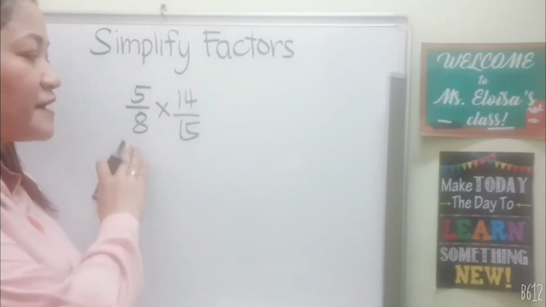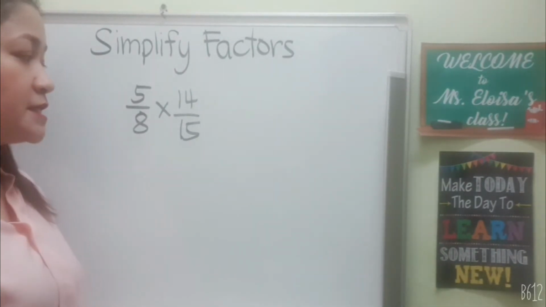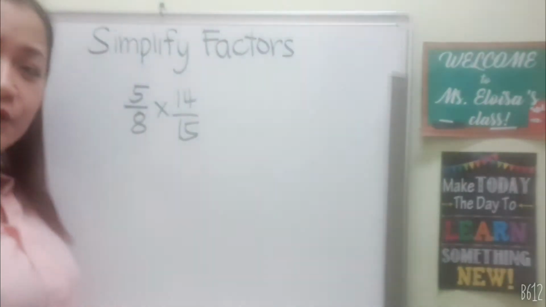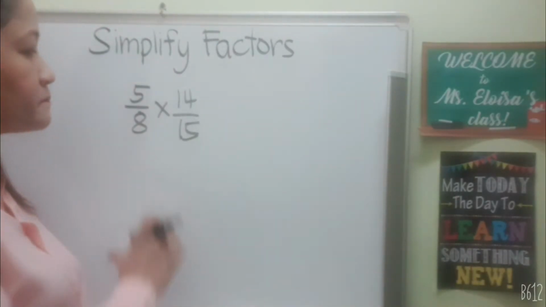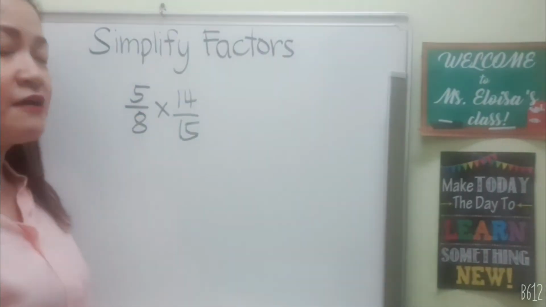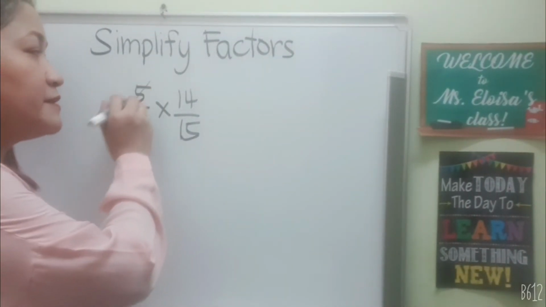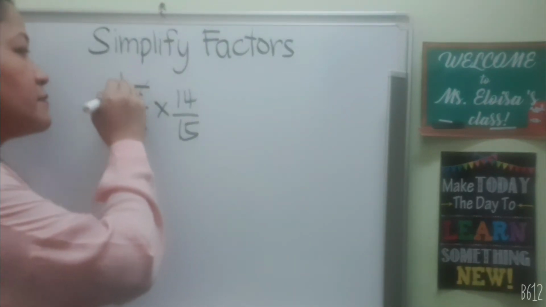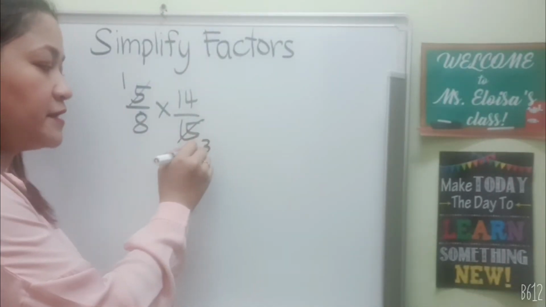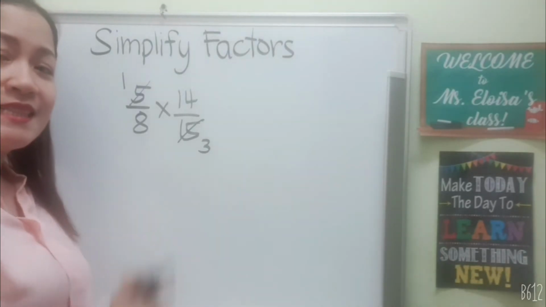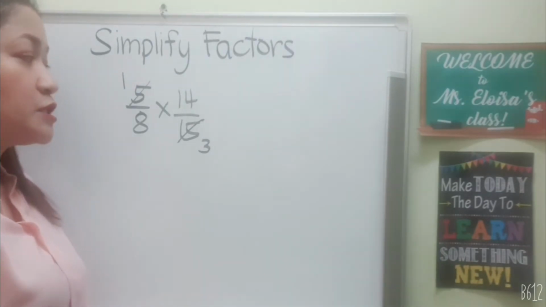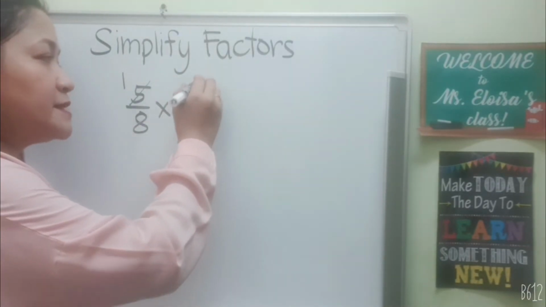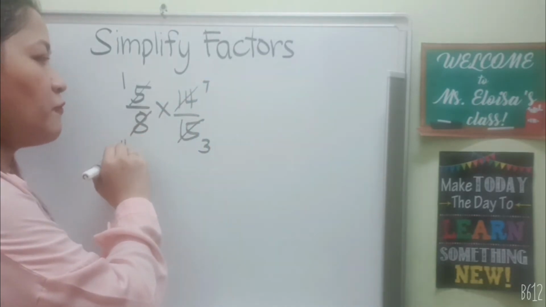Now let us have 5/8 times 14/15. So we will simplify first before we multiply. 5 and 15 have a common factor of 5. Divide them both by 5. This will be 1 and this will be 3. 14 and 8, the common factor is 2. So 14 will be 7 and 8 will be 4.